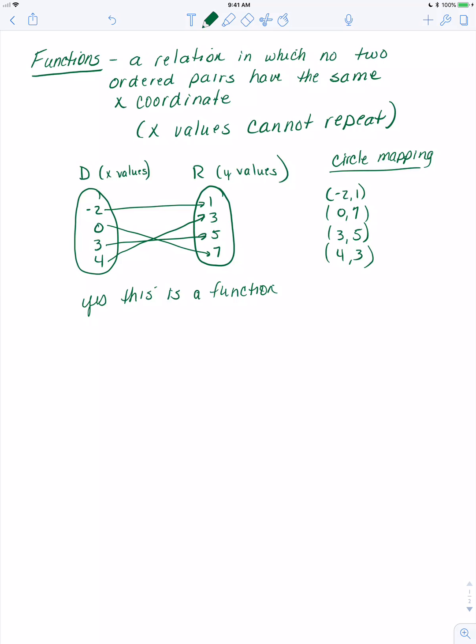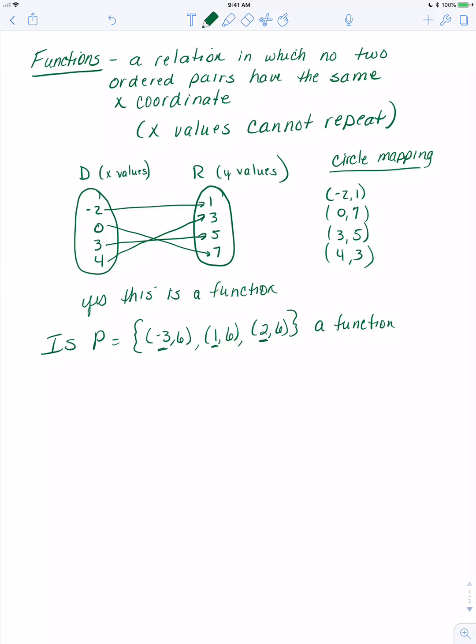Then if you were told, you could just have something like this. P is equal to, listing all my ordered pairs here. Is this a function? Well, all you worry about are those x values.